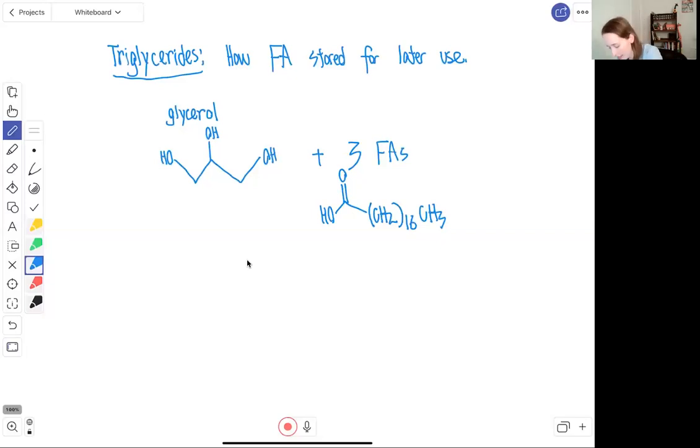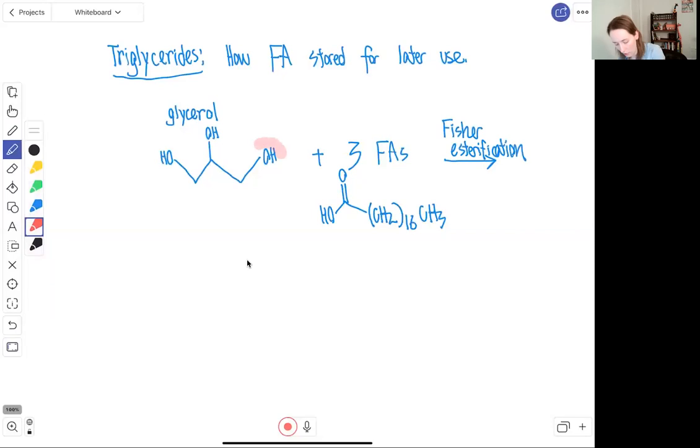And what happens is essentially a Fischer esterification type reaction, where we esterify by reacting the hydroxy group from the glycerol with our carboxylic acid. Remember that a Fischer esterification reaction is where an alcohol reacts with a carboxylic acid to give an ester product.